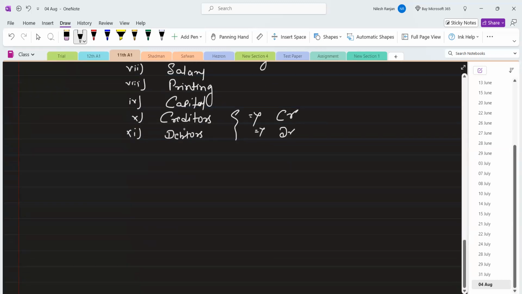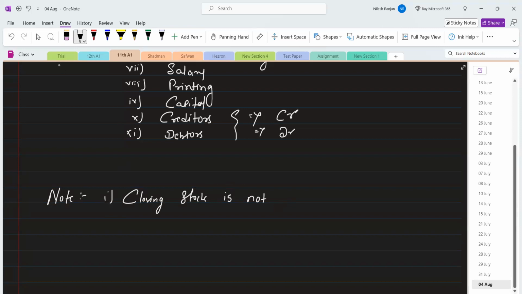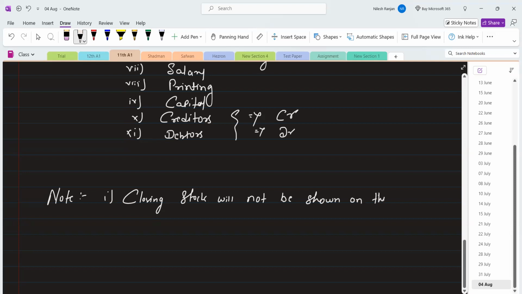Now write one note. Note number one, closing stock is not shown on the debit or credit side of the trial balance.